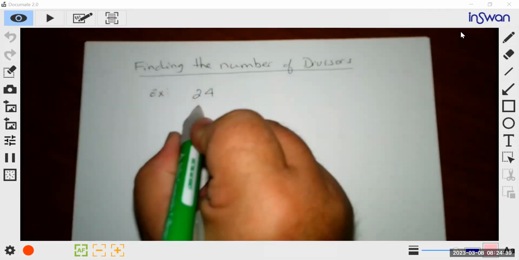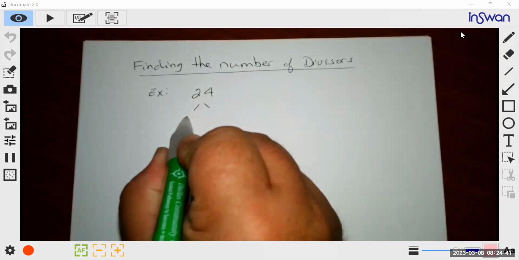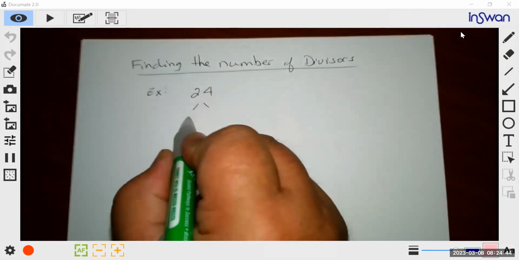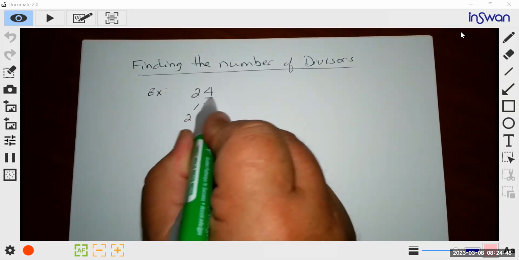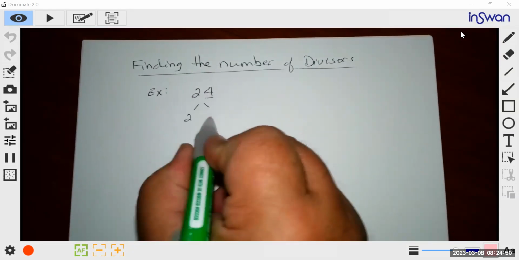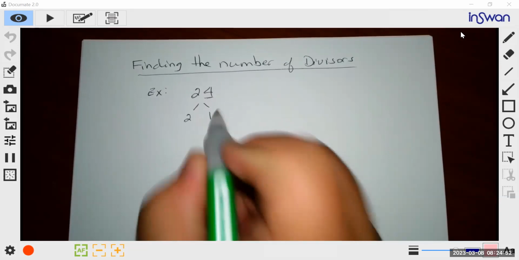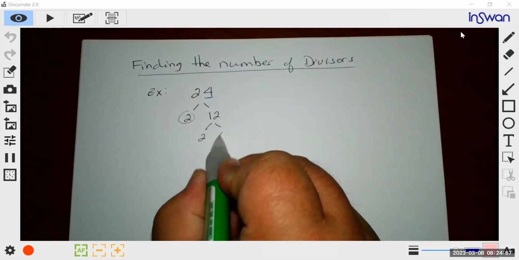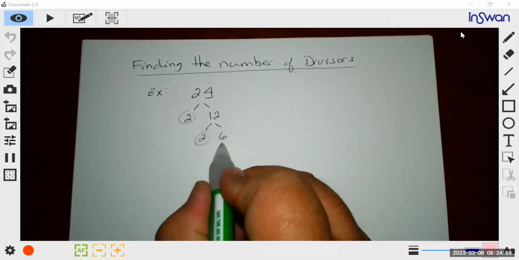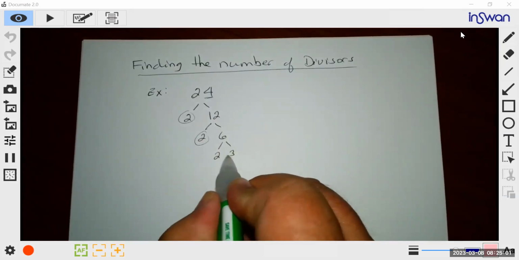What's 24 made up of? It's an even number, so we know 2 goes in there. Because the last number is 4. 2 goes into 4. 2 goes into 2 once, 2 goes into 4 twice. That's a prime number. 12 is made up of 2 times 6. 6 is made up of 2 times 3.